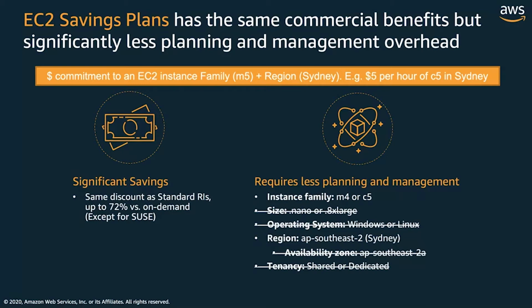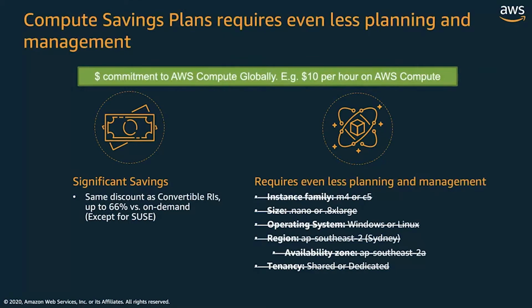In this case, this is an EC2 savings plan. So the only thing you have to define up front here is the family of instances and the region that those families are going to run in. That becomes even more flexible if you take out a compute savings plan. If you remember, compute savings plans extend beyond instances.